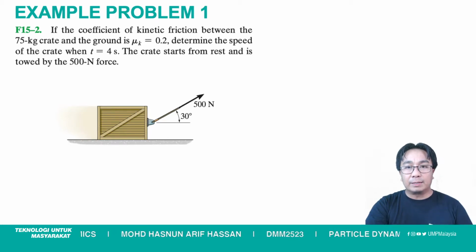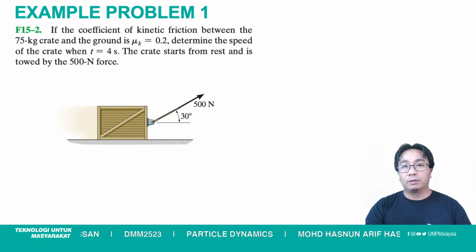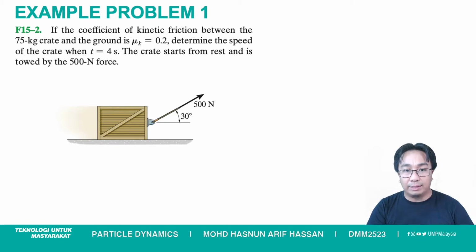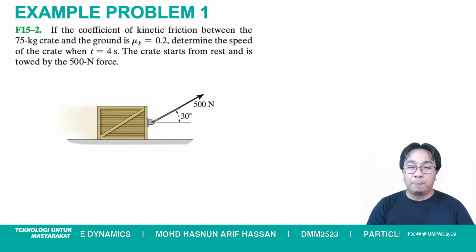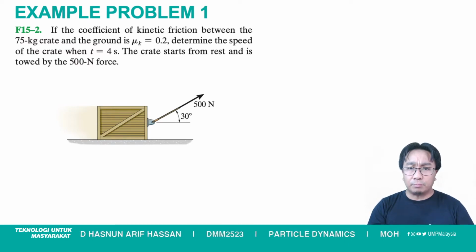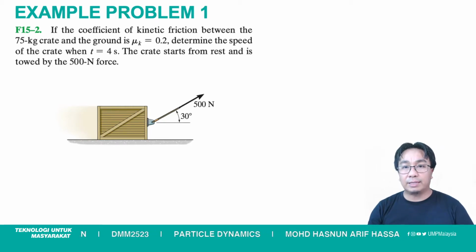Okay, if you compare the problem in this chapter with the problems in the previous chapter, work and energy, you will notice that the difference is that in this chapter, we need to determine the speed at a particular time.